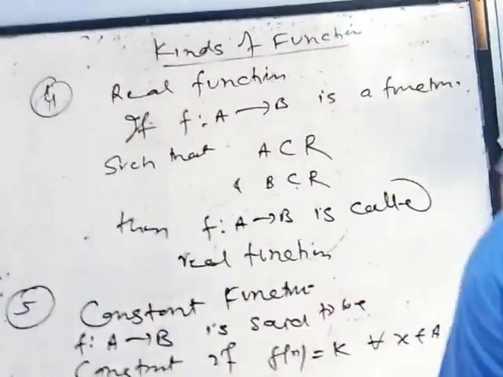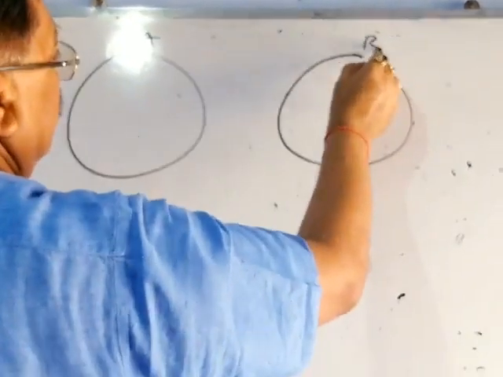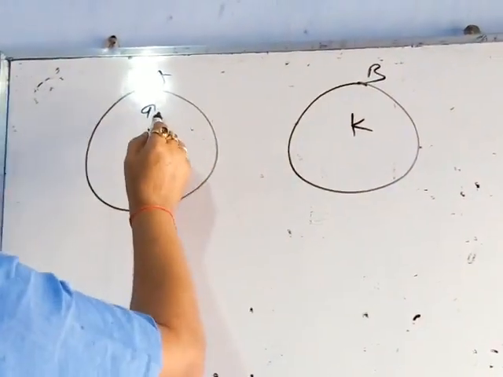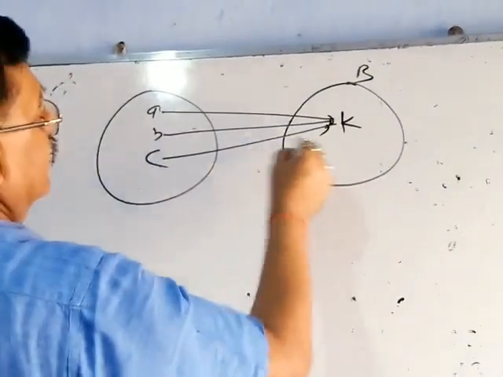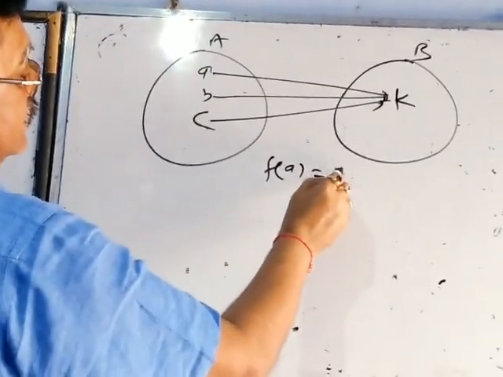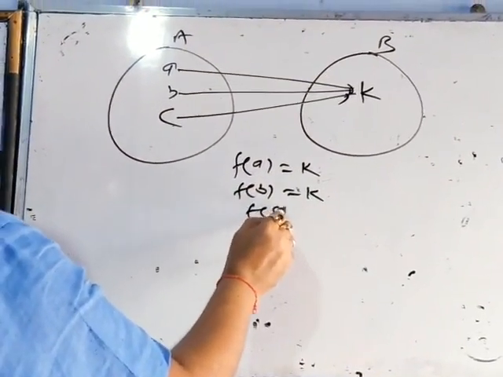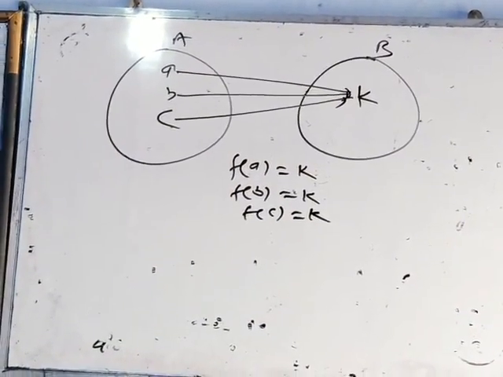By diagram, we can show it with a, b, c. Here is k. So a is related to k, b is related to k, c is related to k. So it is a constant function because f(a) is k, f(b) is k, f(c) is k. It is an example of a constant function.